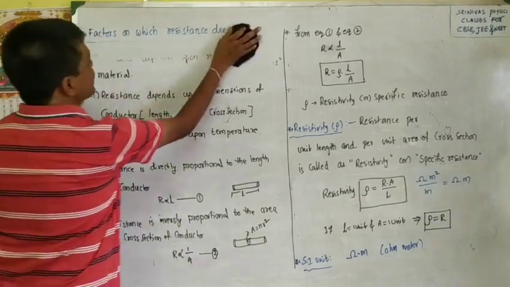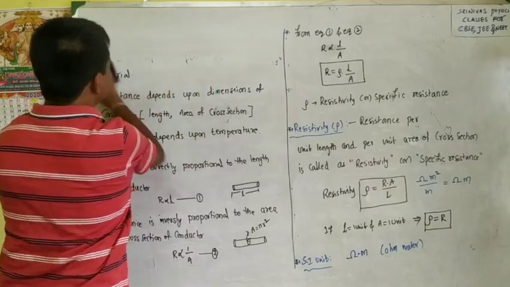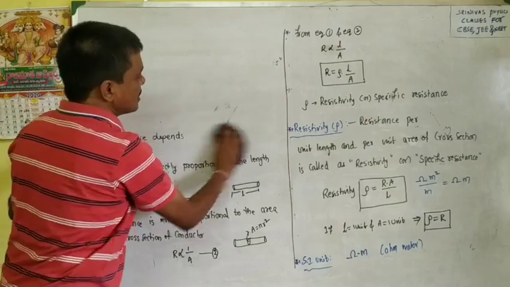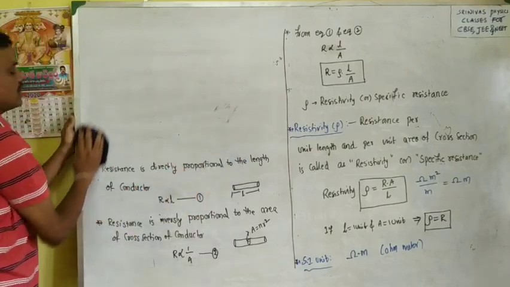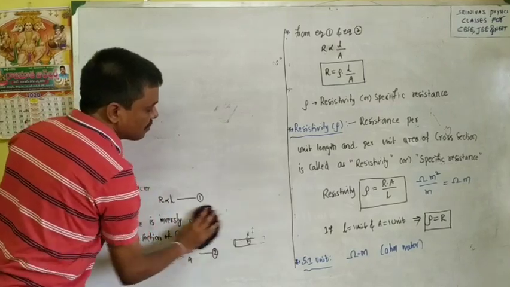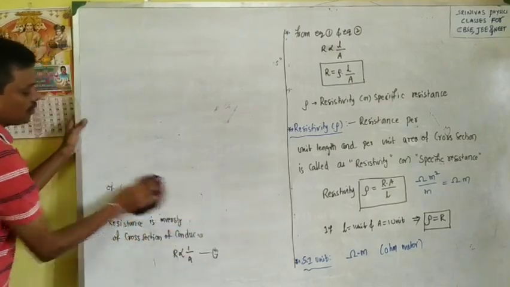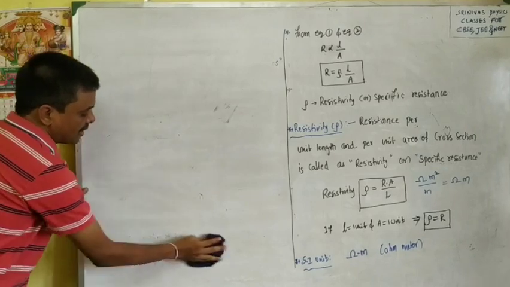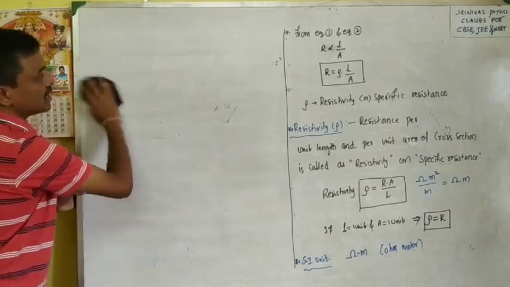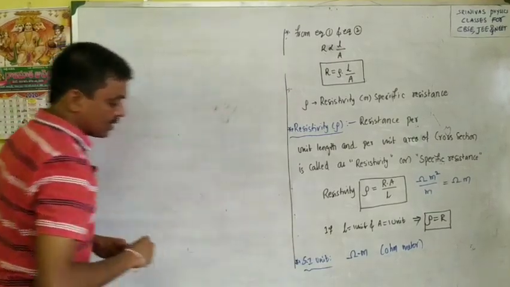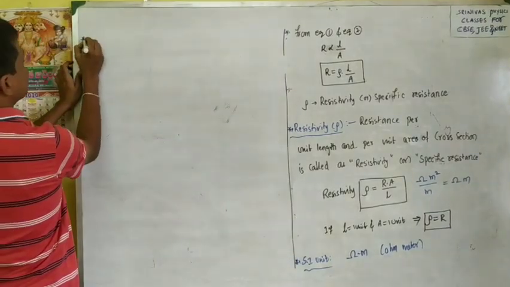And now let us see the factors on which resistivity depends. Resistivity depends upon nature of material, and resistivity depends upon temperature, but the resistivity is independent of dimensions of material. Resistivity does not depend upon dimensions.